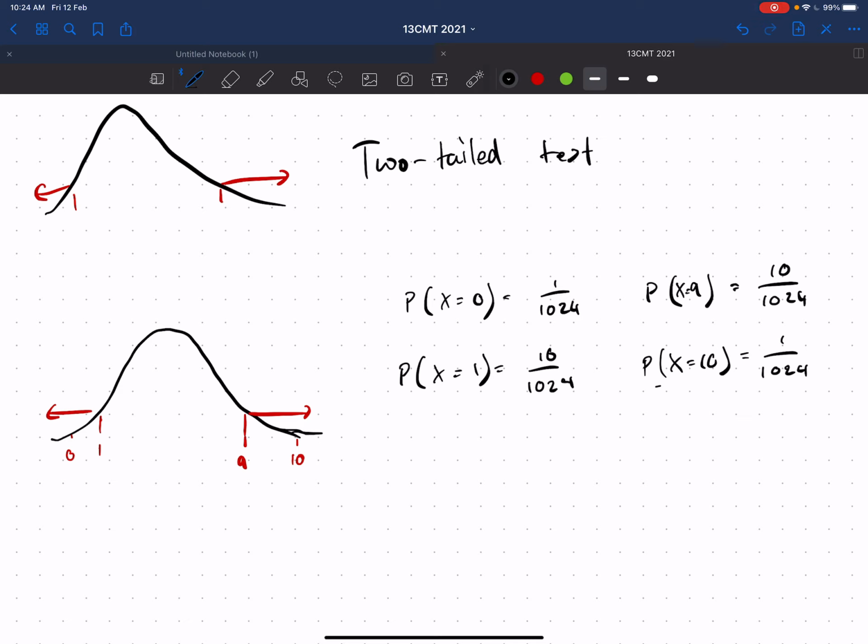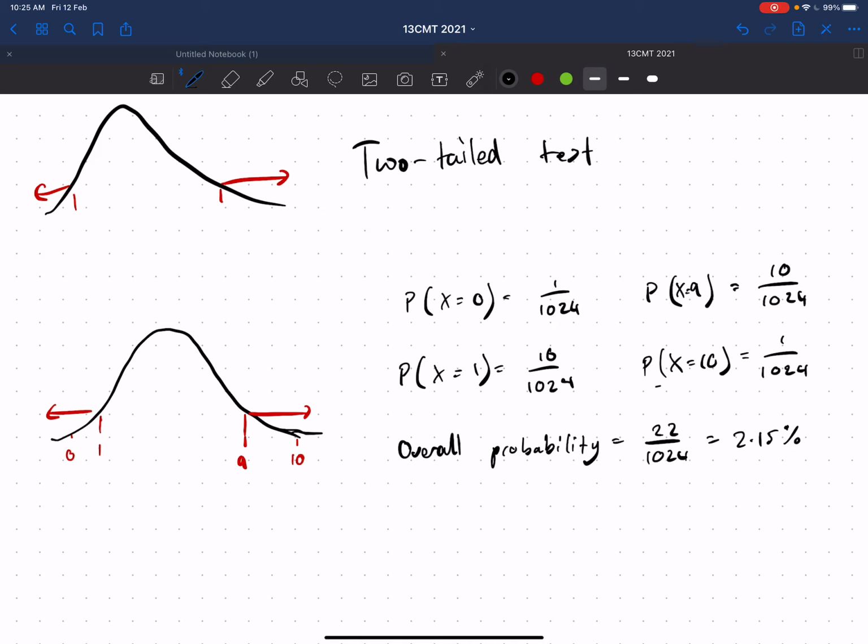To find the overall probability of that happening, they just add it together. So the overall probability is equal to 22 over 1024, which is equal to 2.15% to 3 significant figures.